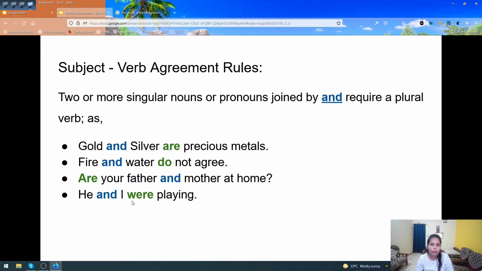We have used a plural verb here to talk about two persons who are connected by this word and. He and I were playing. So we understood when there are two singular nouns or pronouns which are connected by and, at that point of time our verb should always be plural.